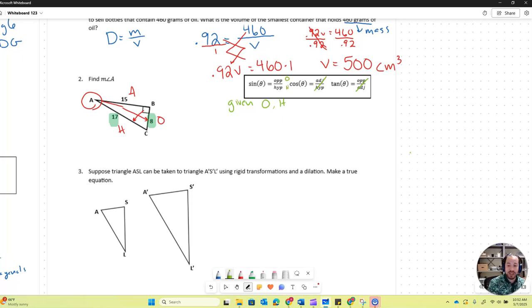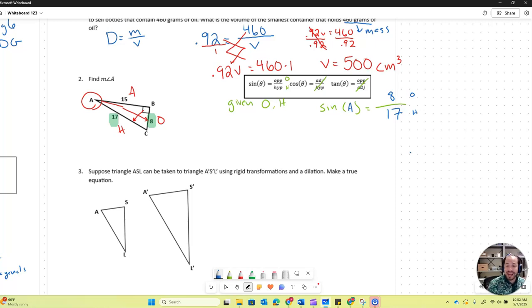Sine is the only one that uses O and H, so I'm going to use that one. Sine of A equals, and my opposite side is 8, my hypotenuse is 17.